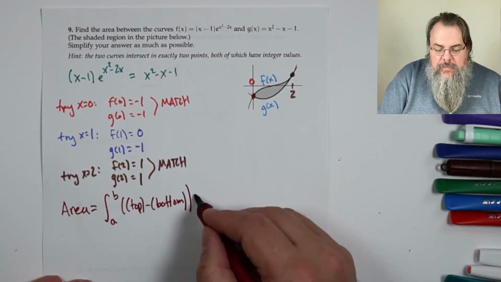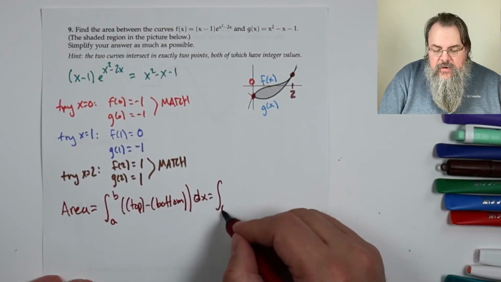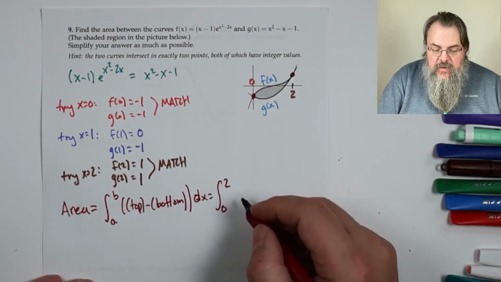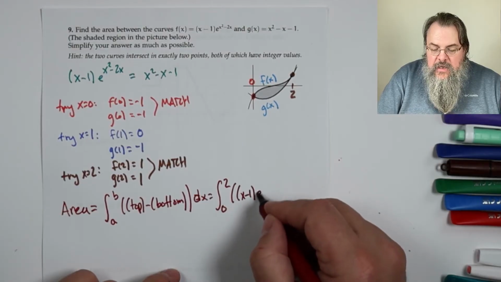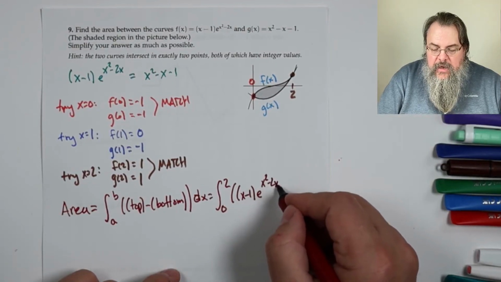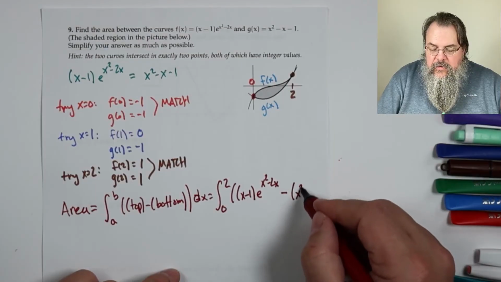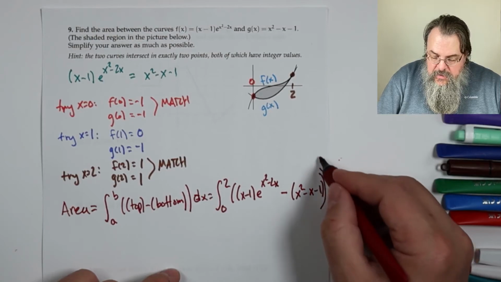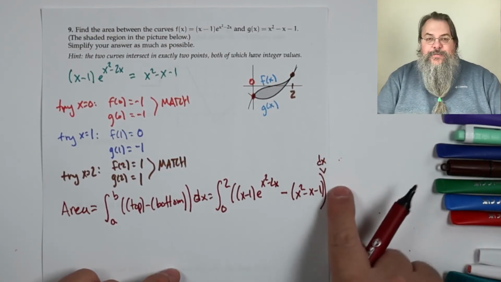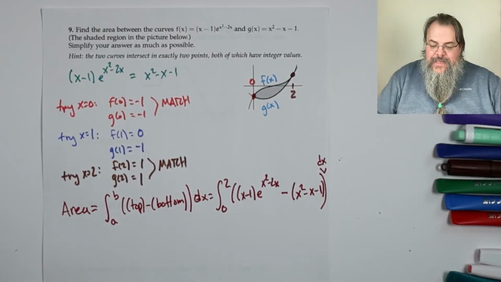Okay, so that becomes the integral from 0 to 2. That's where we intersect. And the top curve will be our x minus 1 e to the x squared minus 2x. Subtract our bottom curve, x squared minus x minus 1. I'll put a dx there. I ran out of space on the side. Okay, so that's the integral we have to do.